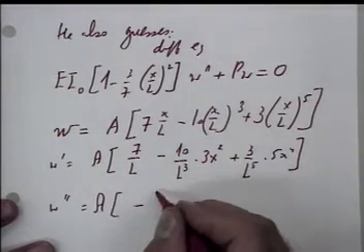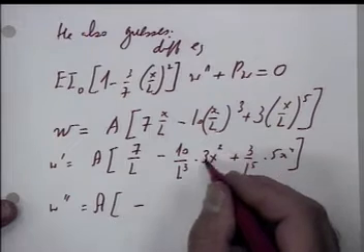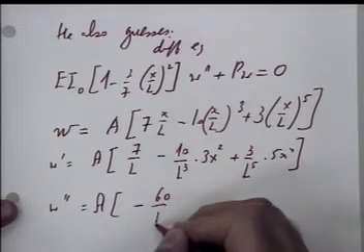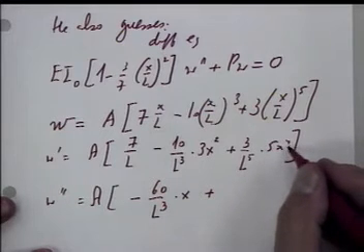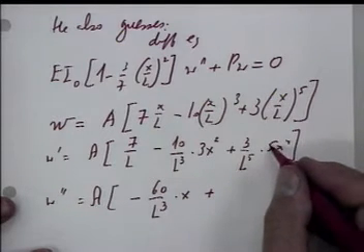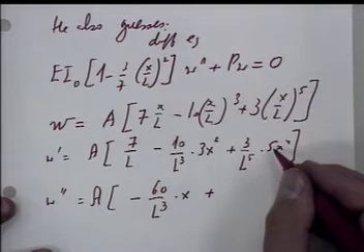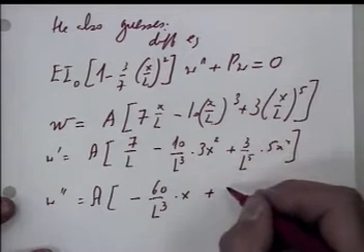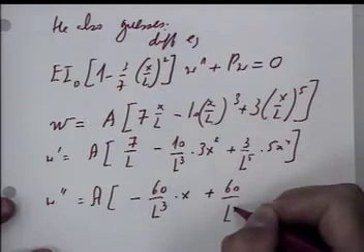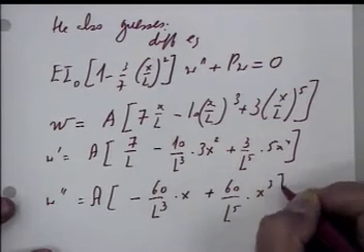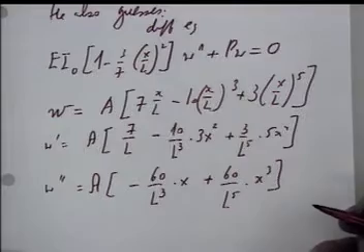This term gives minus, now it will be 6, so it will be 60 over L cubed times x plus, now it will be 4 times 20, 4 times 5 will be 20, 20 plus 20 times 3 is 60, L to the fifth power x cubed. That is the second derivative.